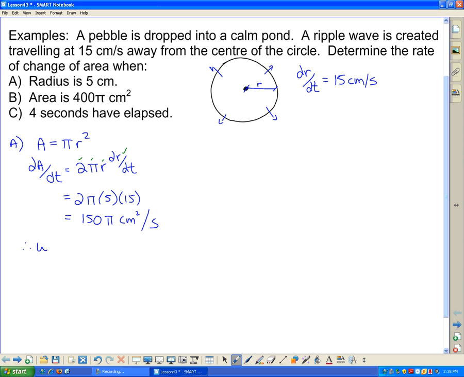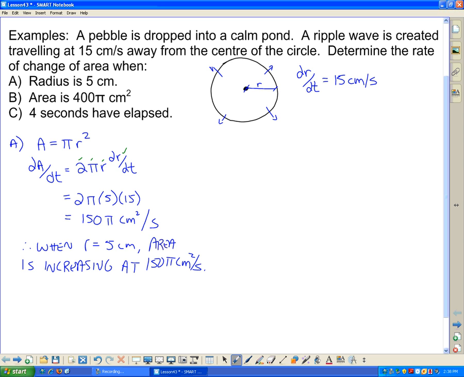So therefore, when the radius of that ring is equal to 5 centimeters, area is increasing at 150 pi centimeters squared per second. So that area is ballooning out or expanding at 150 pi centimeters squared per second.